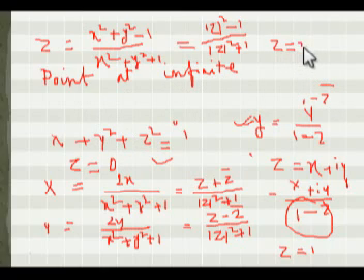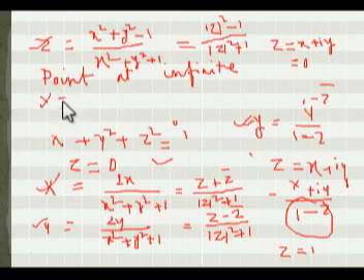So if we take z equal to x plus iy equal to 0, through this we can write that x equal to 0, y equal to 0, and z is equal to minus 1.